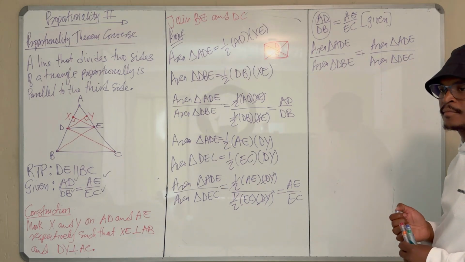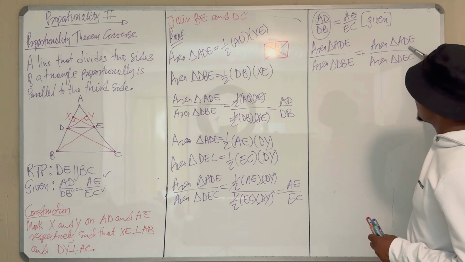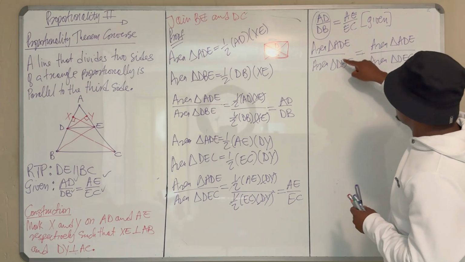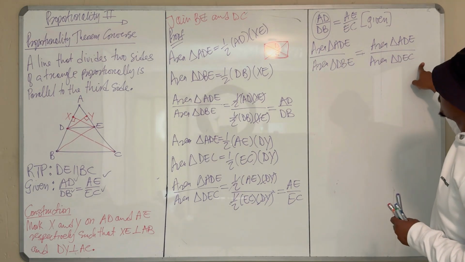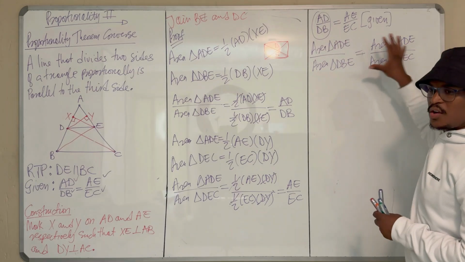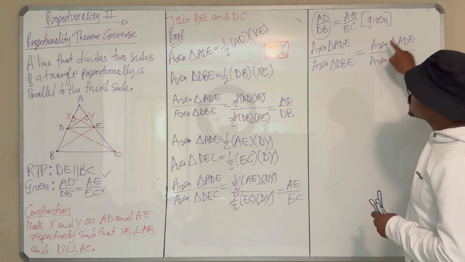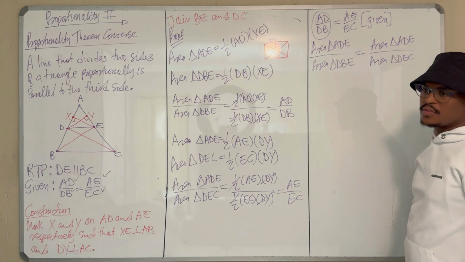So you can see that the top is equal to the top. If these ratios are equal, the area of this over the area of this is equal to the area of this over the area of that. But you know this triangle and this triangle are the same. So the top area is equal to the top area, so the bottom area is also forced to be equal to that.